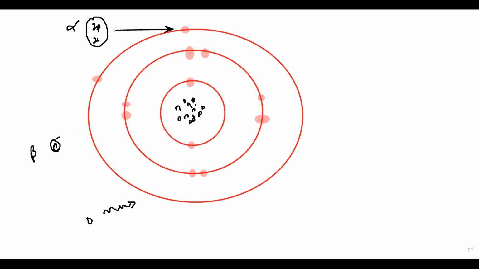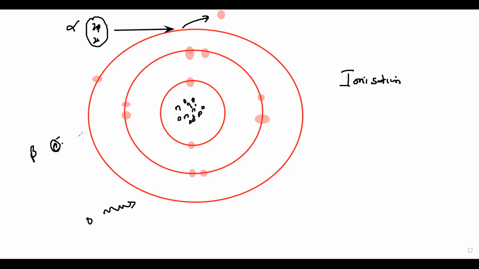It can easily knock out the electron. When it collides with the alpha particle, this electron will easily be knocked out. This capability of the radiation to knock out an electron from an atom is known as ionization. So ionization is basically the removal of an electron from an atom.